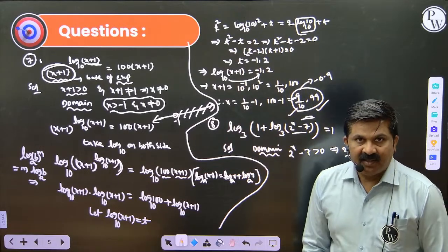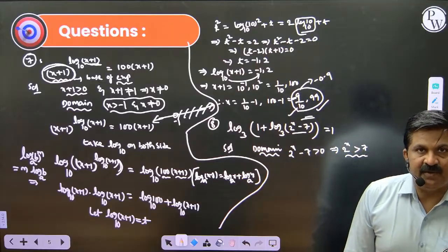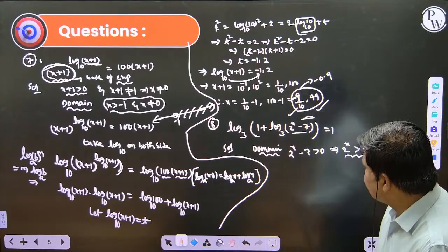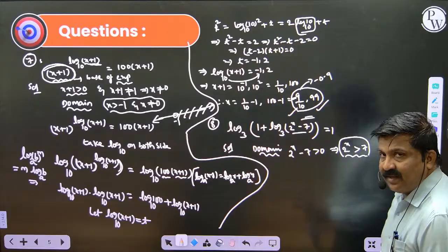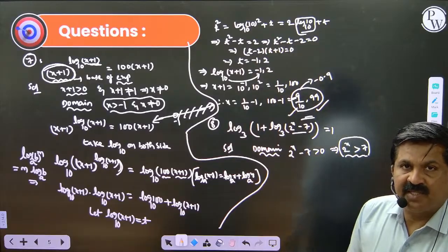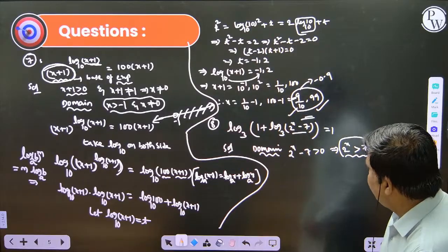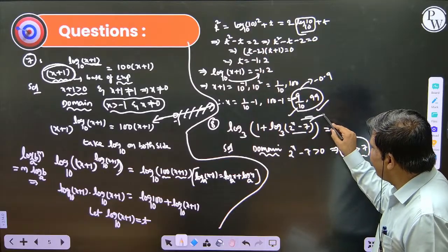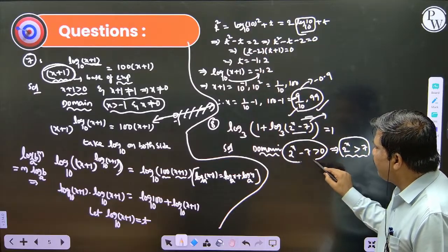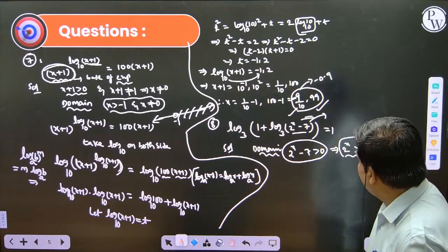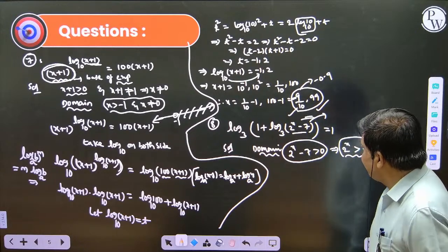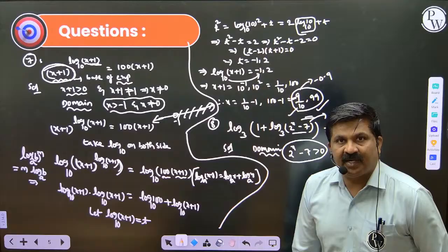After getting the values of x, you substitute here, and that value should be more than 7. Why? Logarithm of any number is defined only if that number is positive.